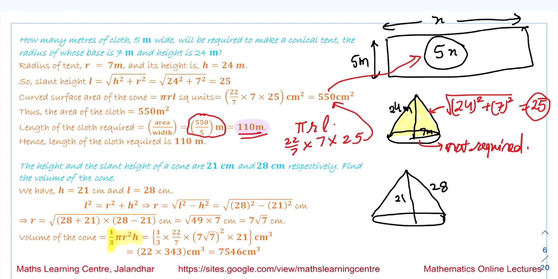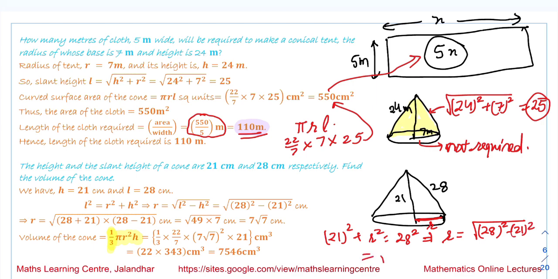Now we want to find the value of this radius r. So what we have is 21 square plus r square is equal to 28 square. This gives us r is equal to square root of 28 square minus 21 square.